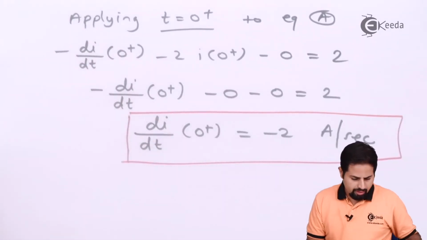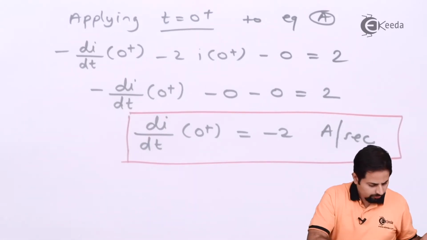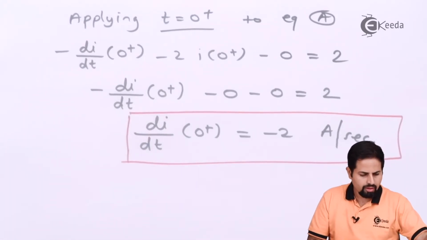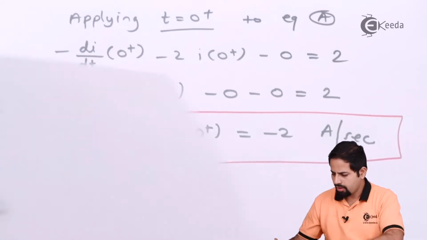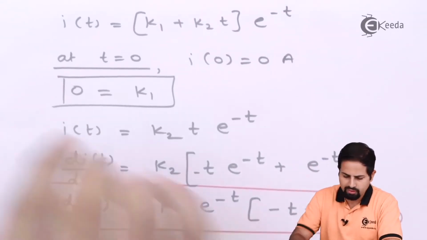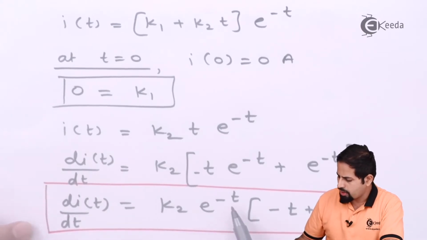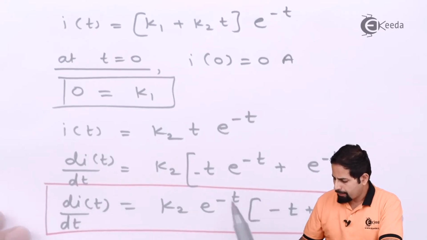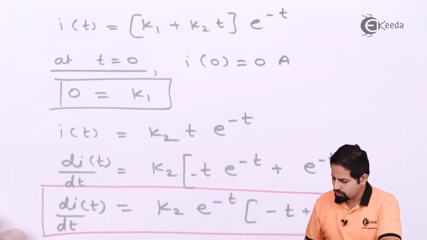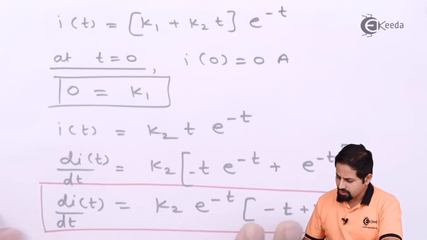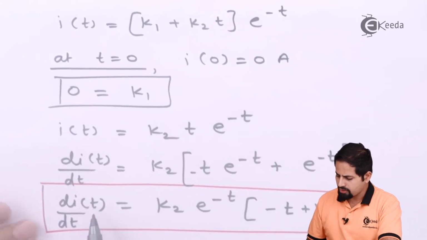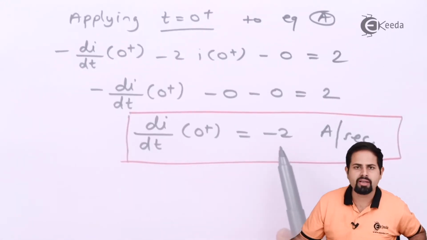And already we have got this di by dt in one equation, which is equation number 1, and in that equation we say that di by dt is equal to k2 into e raised to minus t into minus t plus 1. So what we will do, now we will apply t equal to 0 plus condition to this equation, and that gives us di by dt at I of 0 plus, which already we have achieved as minus 2.